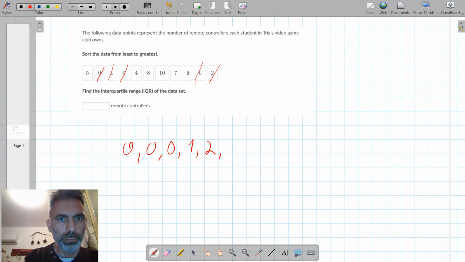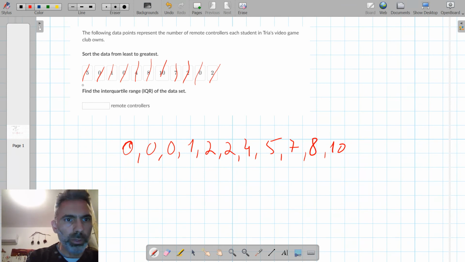We don't have 3, we have another 2, 3, 4, and then 5, 6, 7, and then 8, and 10.